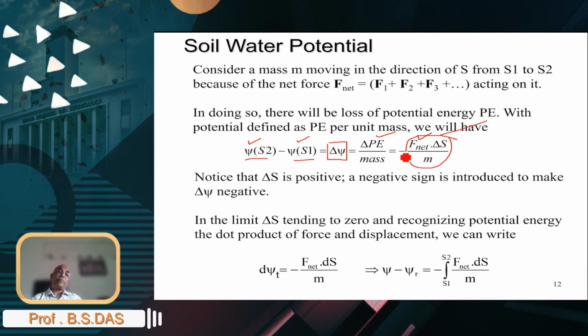Once you do that, you can think about this delta psi to be very, very small, and so you could replace these deltas with differential form, so that you have an expression for potential in terms of the forces acting on it.